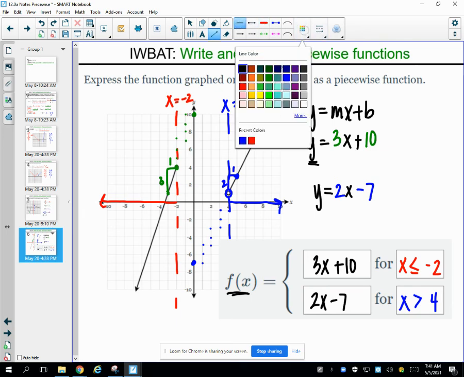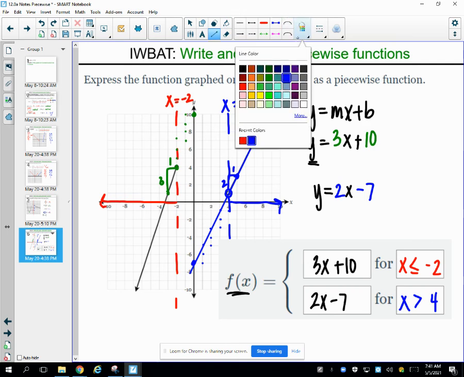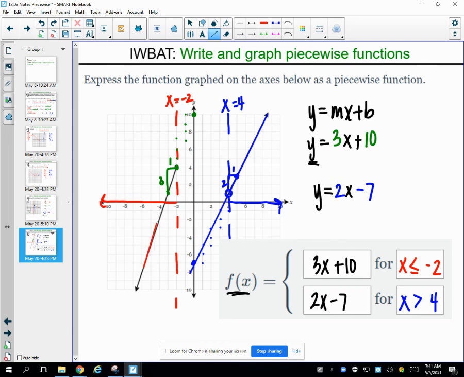So what's happening is you're just extending it as if it had a full domain. If I just took this line and literally extended it, that's where it would cross the y-axis if you could continue this on for an infinite domain. Same with this one. If this continued on, it would cross there.